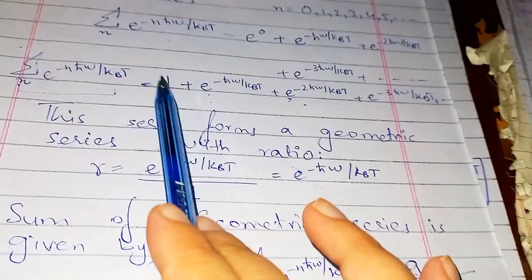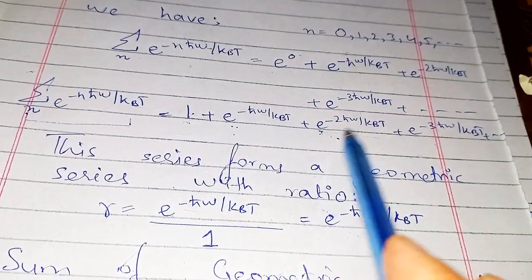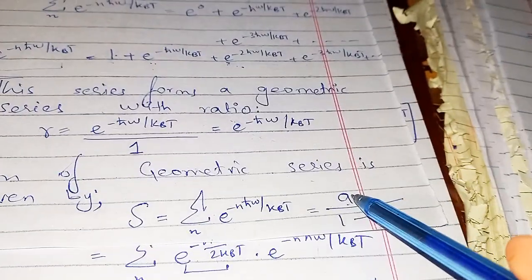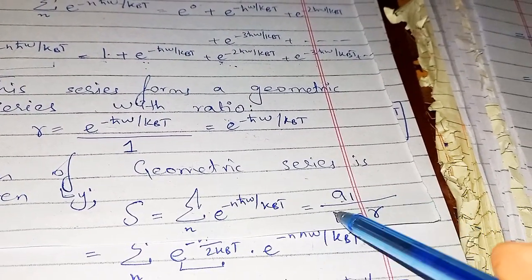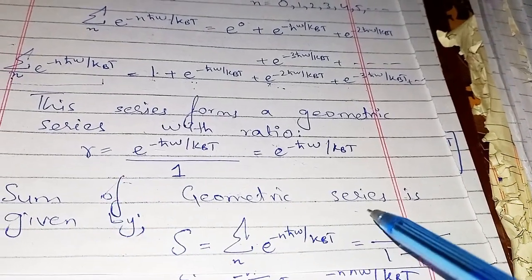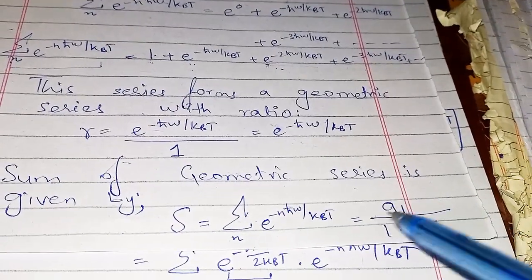The first term of the series, we can see, is 1 here. This is the first term, second term, third term, fourth term, and so on. So we'll write the first term in the numerator divided by 1 minus r. r is the ratio. So let us insert these values here and see what the sum is.